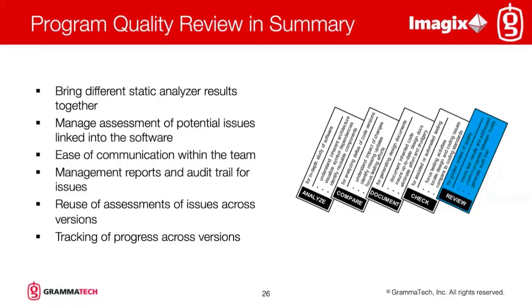It automates importing the warnings from the static analyzer and tying those to the reverse engineering tool's visualization and querying capabilities. It automates recording observations and conclusions about the review. It automates making those review results available to team members and to management. And maybe most significantly, it automates making those review results available across versions.